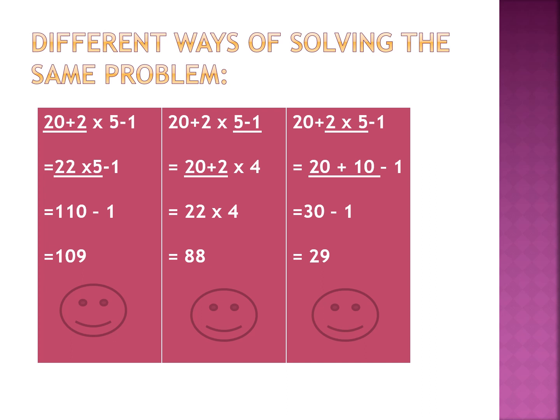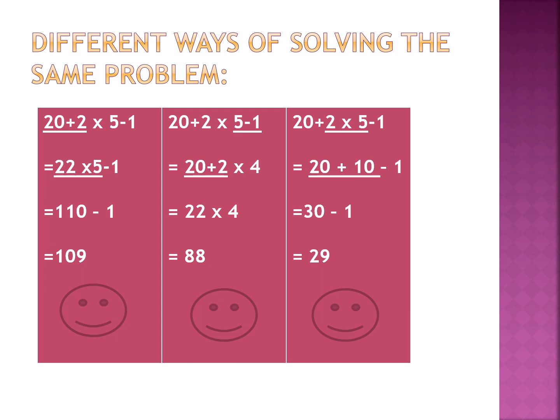Because these three students are different, they will use different minds, and there are so many operations in the question: we have addition, multiplication, and subtraction. So it's the student's choice whether to do addition first of all, or subtraction first of all, or multiplication first of all.